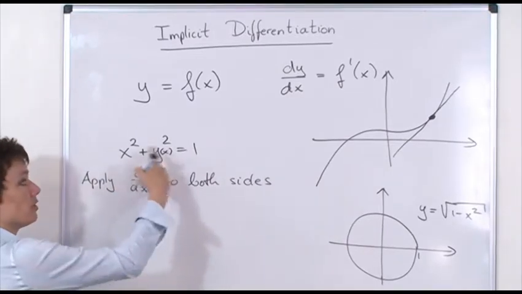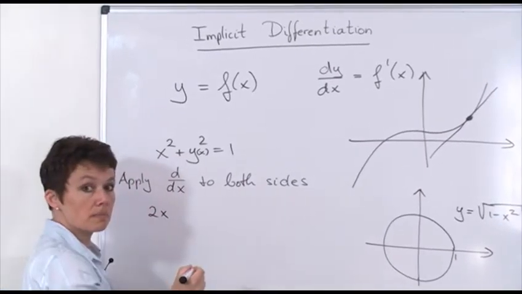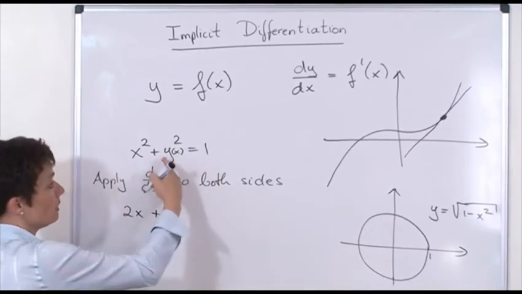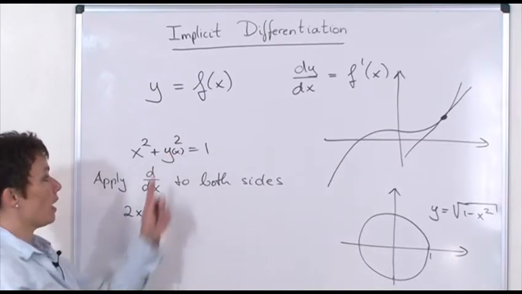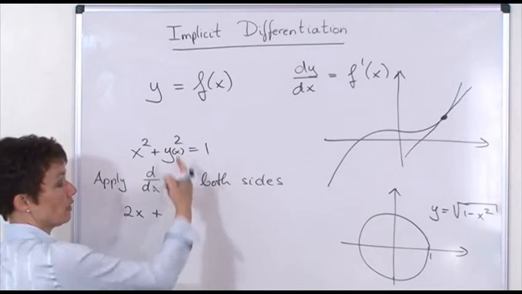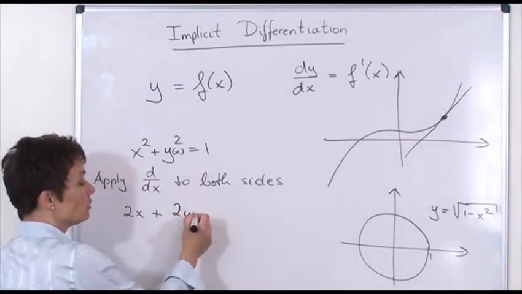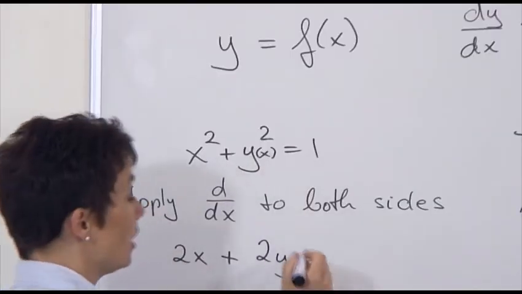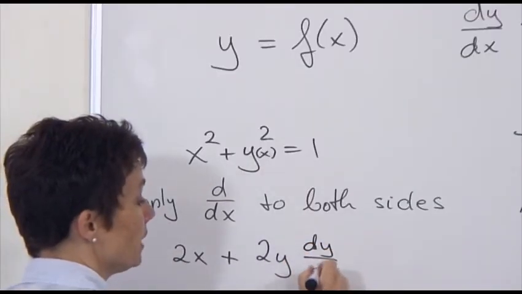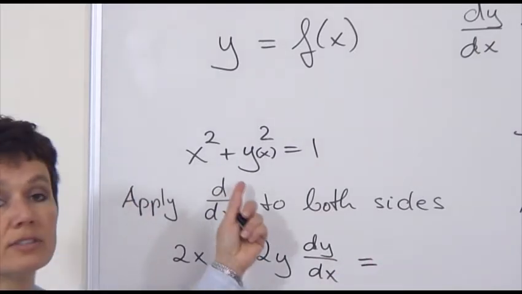If we differentiate the left-hand side, x squared differentiated gives us 2x. Now, y squared, since y is a function in x, we need to use the chain rule here. So the square function differentiated gives us 2 times y, and the chain rule says we need to multiply this by the derivative of y, which is dy by dx. That's the derivative with respect to x of the left-hand side.